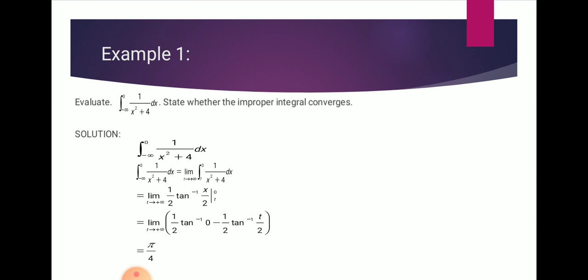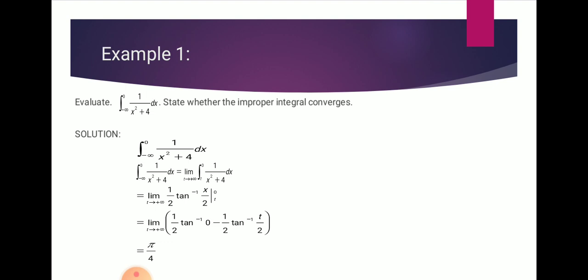Then, find the antiderivative. The result is the limit as t approaches negative infinity of 1/2 tan to the power of negative 1 of x over 2, evaluated from t to 0.